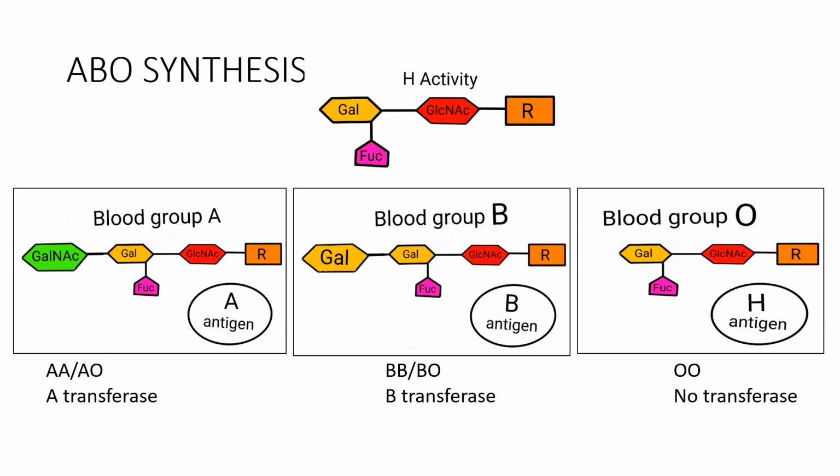If there is no H antigen and only a B transferase is present, you cannot form a B group. Similarly, for blood group O, you can see that there is no transferase, so no sugar will be added. It is similar to the H antigen, and that is why maximum H antigen is present on the O group, because it is not converted into either A or B, right? So this is the basic principle for ABO synthesis.